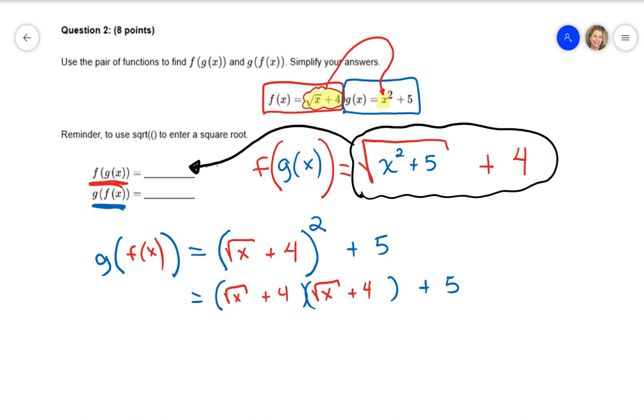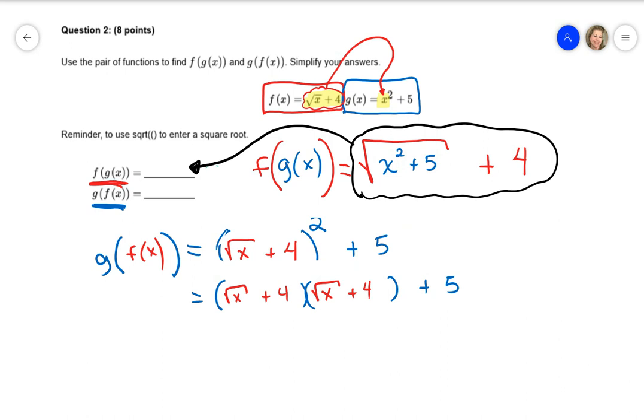And just so you know, I tried to type this into Mobius, and it told me it was wrong. So I went back and foiled it out and did it that way, and then Mobius said it was right. So it does want me to simplify this mess.